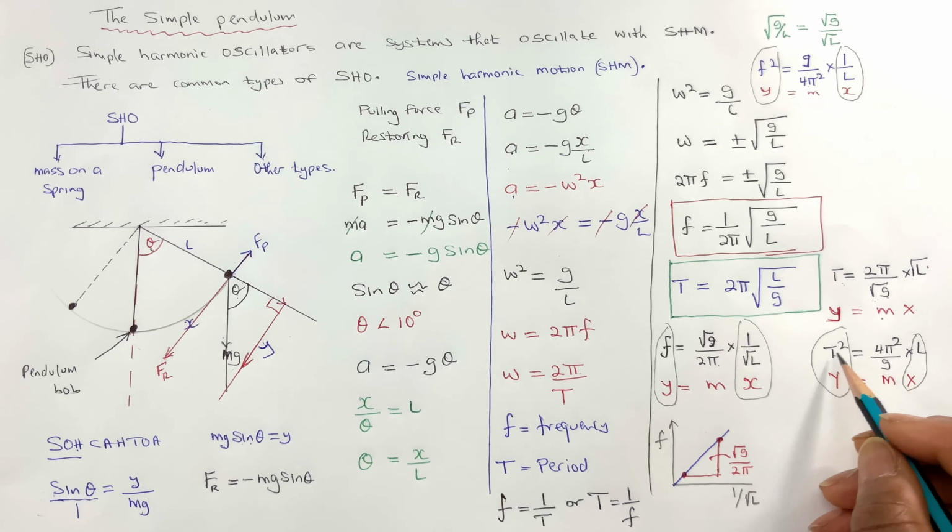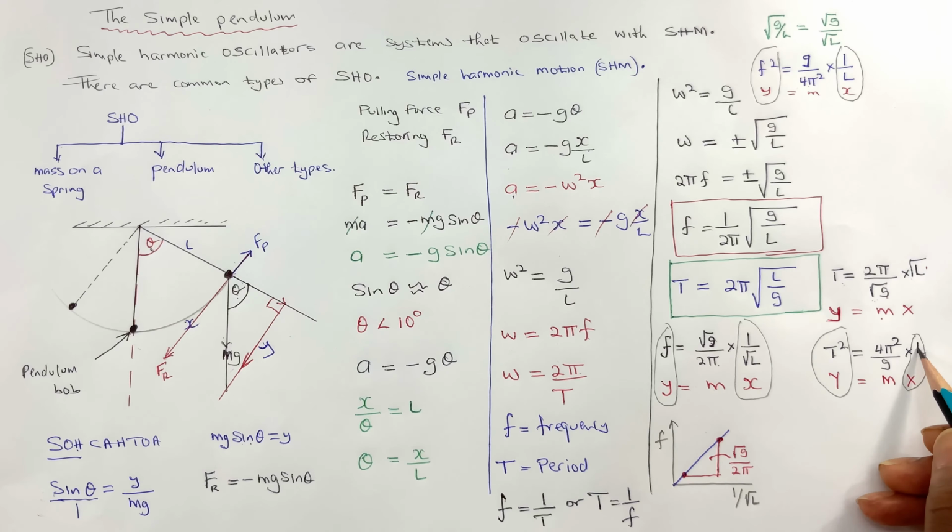So you're plotting T squared against L, and your gradient will be 4 pi squared over g.